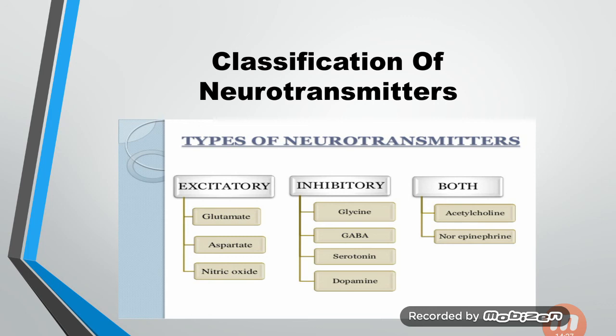Amino acids, gamma aminobutyric acid, GABA, and glycine. The endorphins are peptides that function as both neurotransmitters and hormones, which decrease our pain perception.